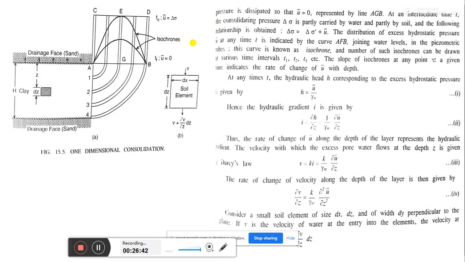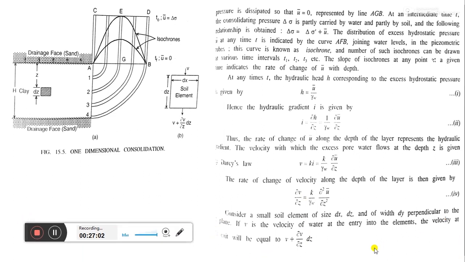The rate of change of velocity along the depth of the layer is then given by del v by del z equals k by gamma w into del square u dash by del z square. This is only for understanding, so don't worry.